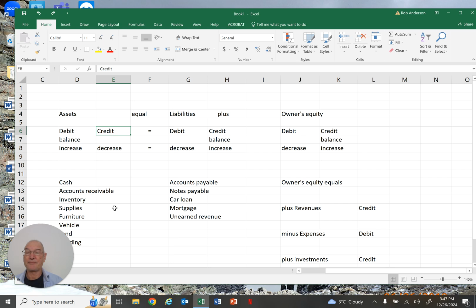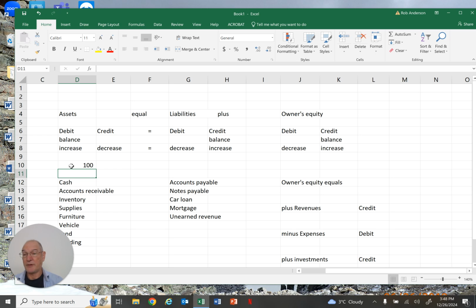So the thing you should probably note here is there is no such thing in accounting as a minus entry. In other words, let's say cash, we have $100 cash, and that $100 cash is an asset, so it has a debit balance. If we spend $40, it's not a minus debit for 40.